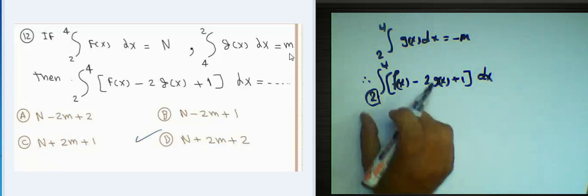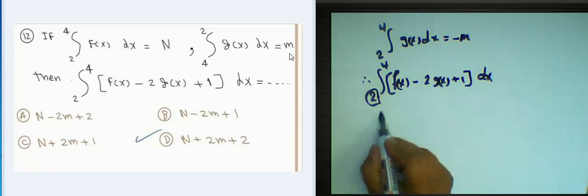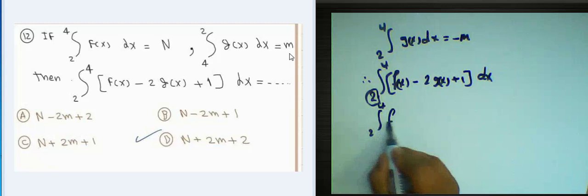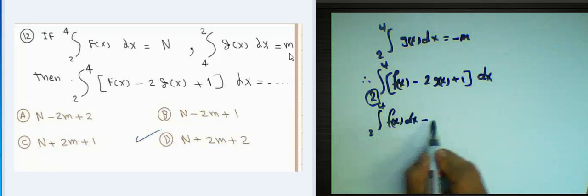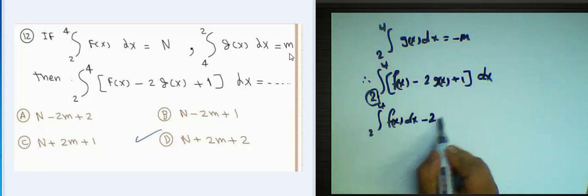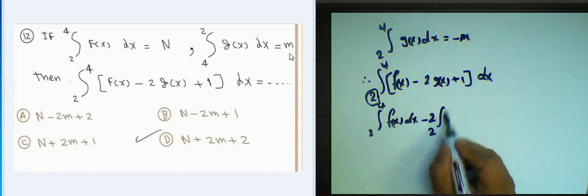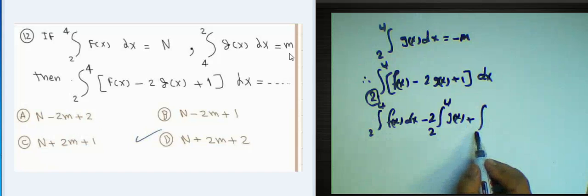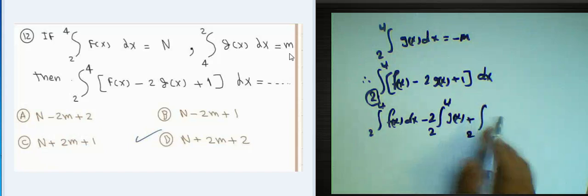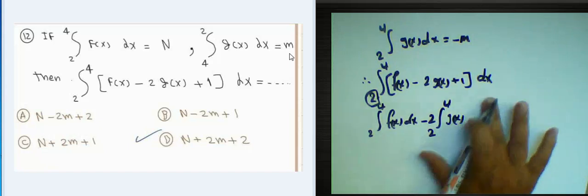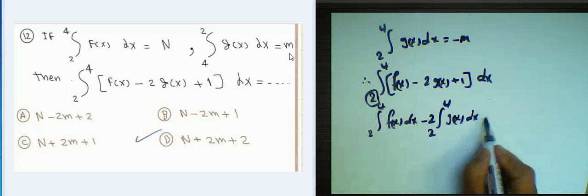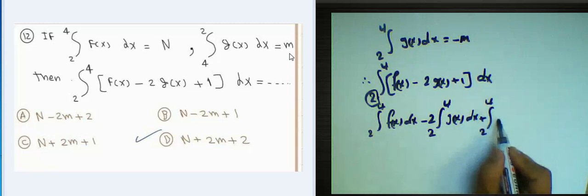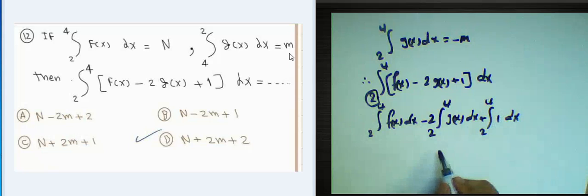We can distribute the integration over each term: the integral from 2 to 4 of f(x) dx, subtract 2 multiplied by the integral from 2 to 4 of g(x), plus the integral from 2 to 4 of this function dx, plus the integral from 2 to 4 of 1 dx.